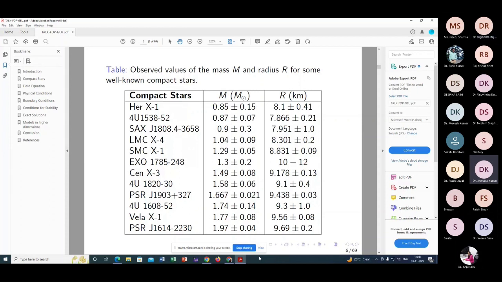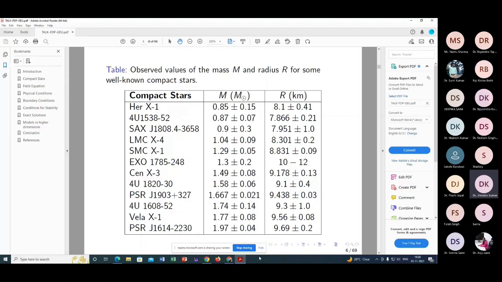But in a few cases researchers have just fixed the mass, because these radii are not fixed, since these are expected radii. Some researchers think that the masses are okay, but the radius may vary. So this is still a topic of research: what must be the radius of these stars?